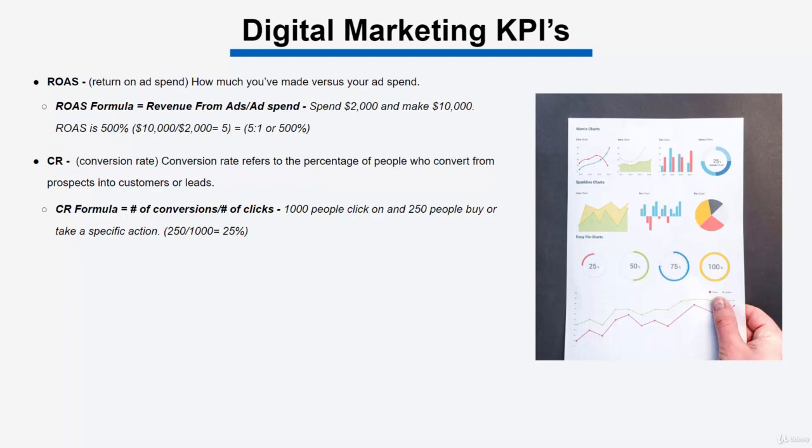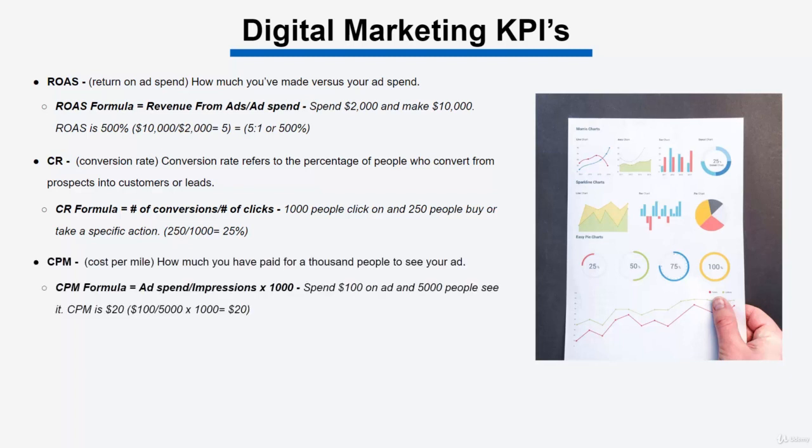And so we have 250 people who either buy a product or fill out their information, and then divided by 1,000 people who actually clicked on the ad. And so our conversion rate is 25% because 1,000 people clicked, 250 people actually converted, and so that's 25%.